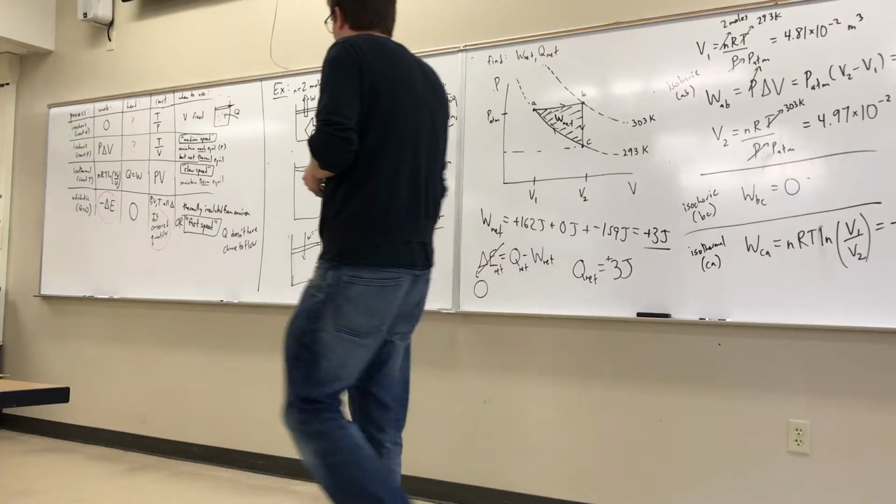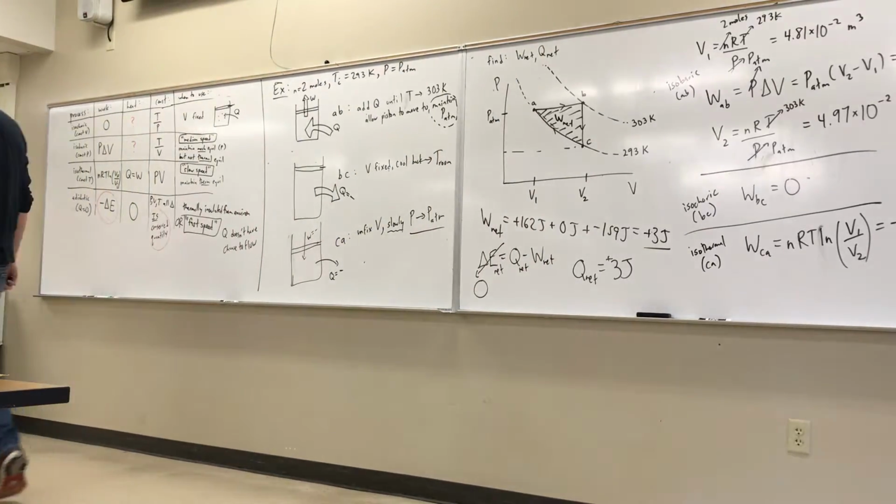So during this process overall, there must have been a net flow of 3 joules in if there was a net flow of 3 joules out as work. Okay?